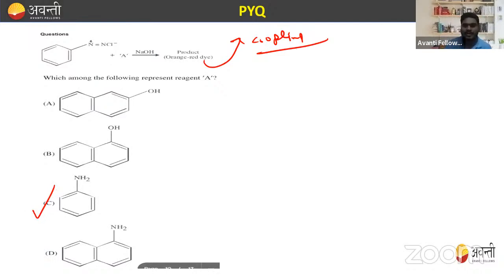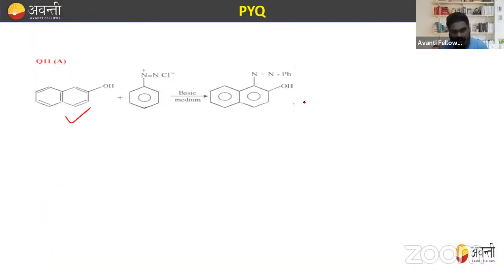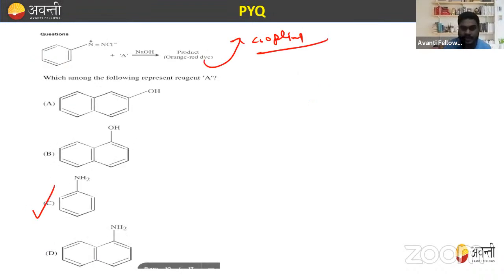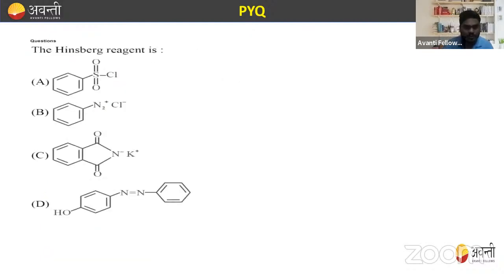This is also known as a coupling reaction, right? So just try to remember these two. When this is treated with beta-naphthol, orange dye formation takes place, and when this is treated with aniline, yellow dye formation takes place, right? So I hope it is clear.